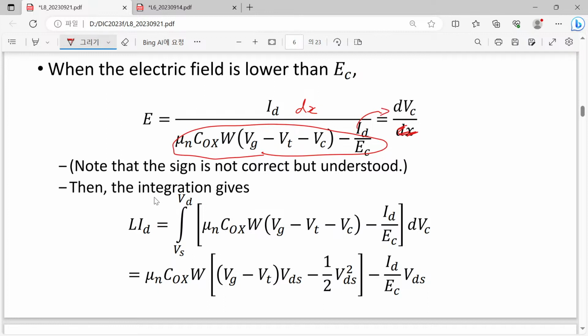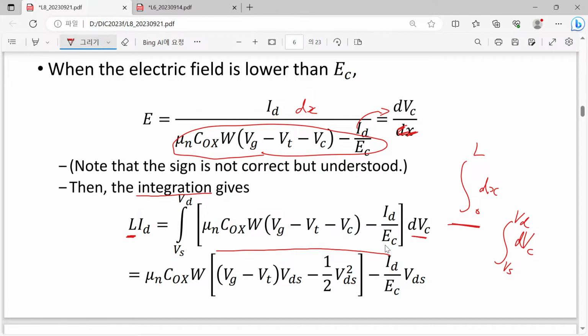Then we can make the integration from 0 to L, which corresponds to integration of dVc, the channel potential, from the source potential to the drain potential. Integration of this one will give you just the length scale, and integration over the channel potential will give you this one.